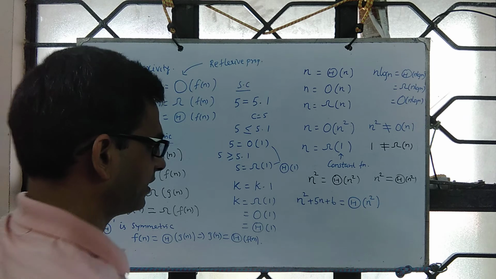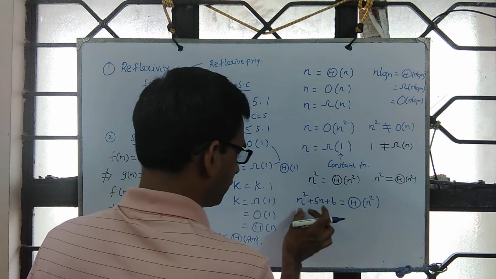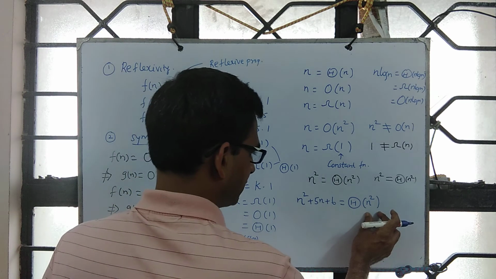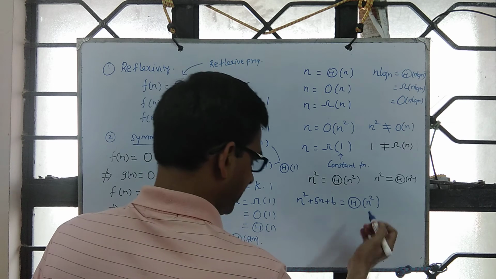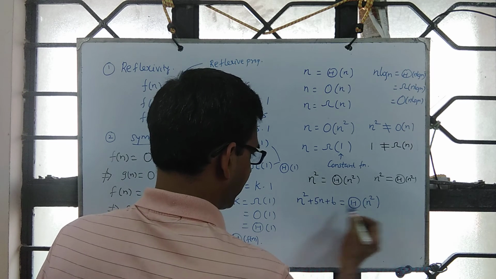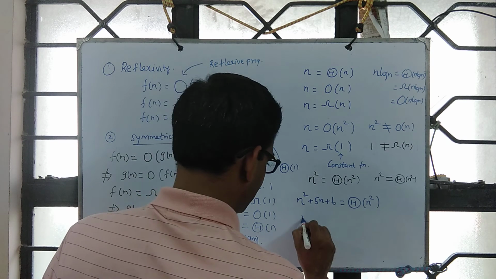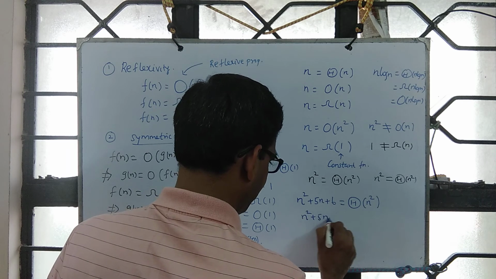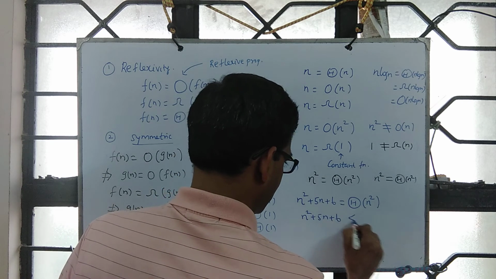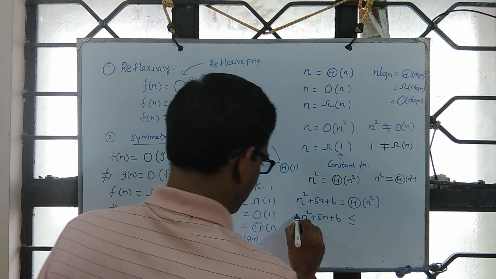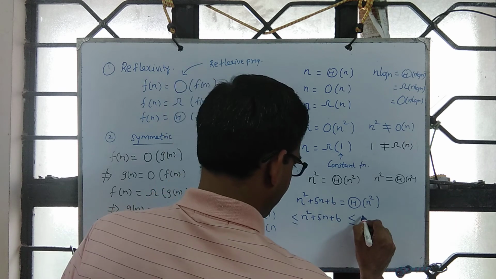And in asymptotic sense, order of growth of this is n square, order of growth of this is n square, which means n square is also this. So n square plus 5n plus 6 is upper bounded and lower bounded by appropriate constants.